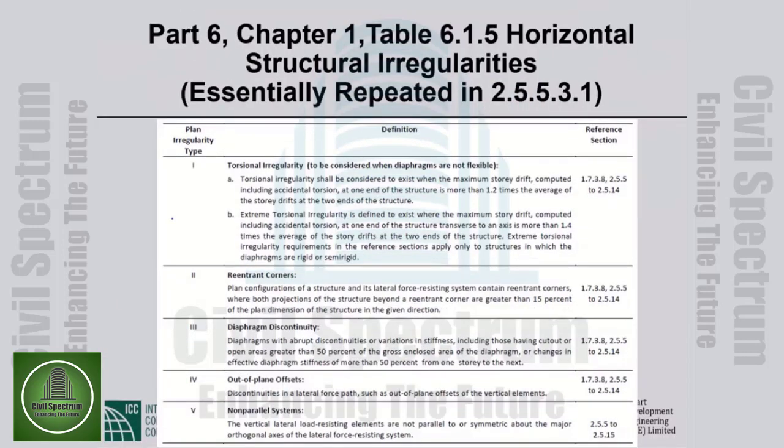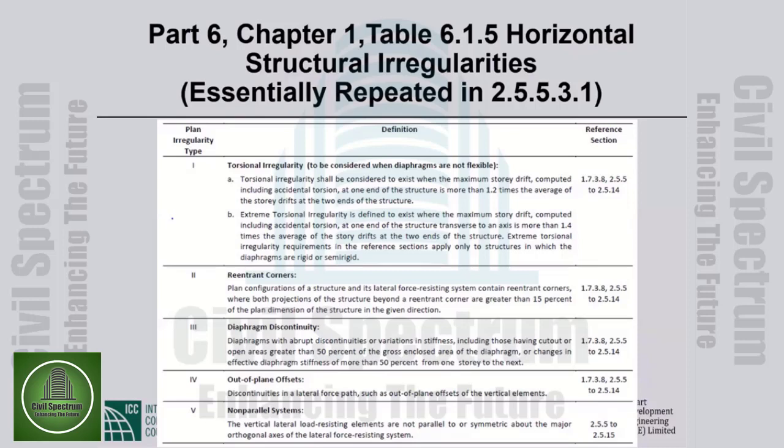In BNBC 2020, as I said, the comparable table is in chapter 1, not in chapter 2 or part 6. And this is the table. We have the descriptions as in ASCE 7, then also as in ASCE 7 a reference section number, but this is kind of different because the 2.5.5 to 2.5.14 is almost the entirety of the seismic design provisions, much of it.